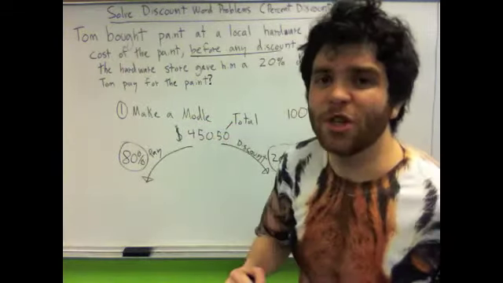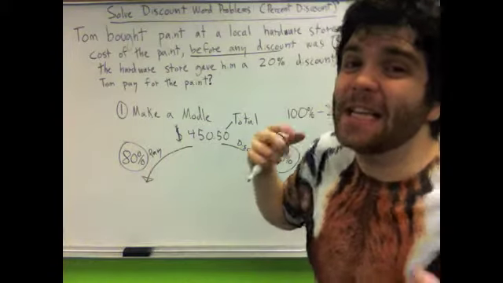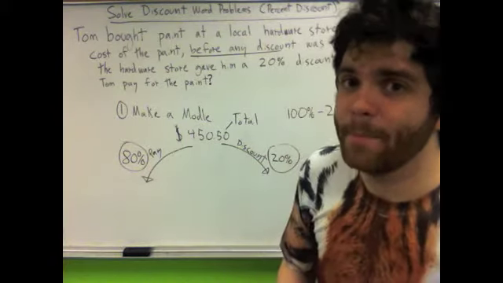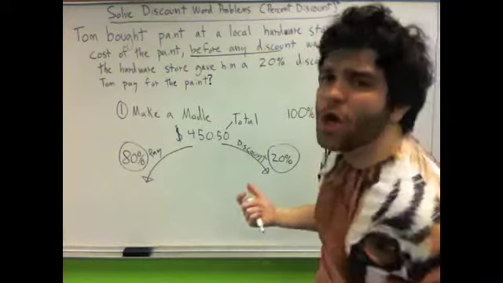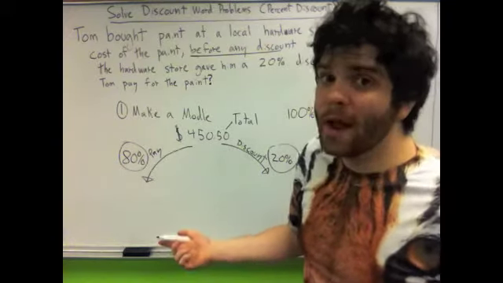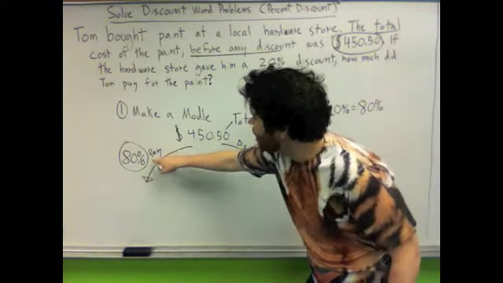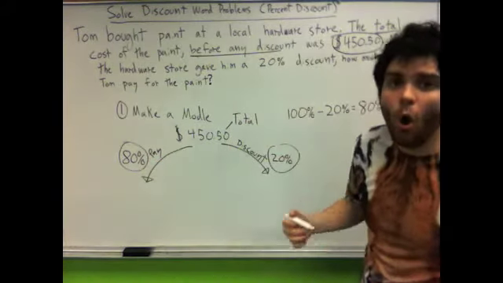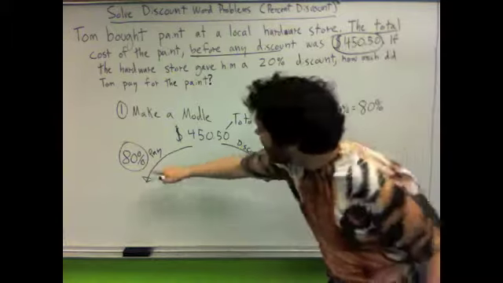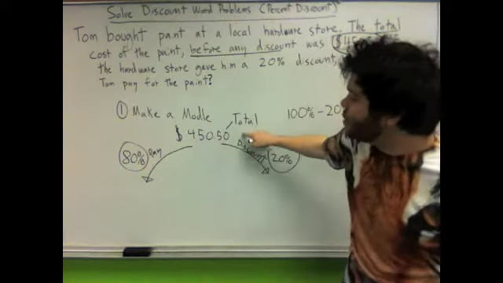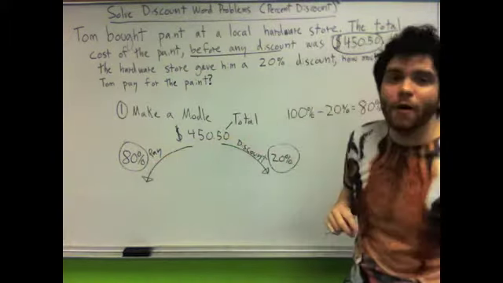So you need to find actually how many dollars Tom paid. Well, you can calculate the percent of a whole, right? We need to find 80% of the total, how much he paid of the total.